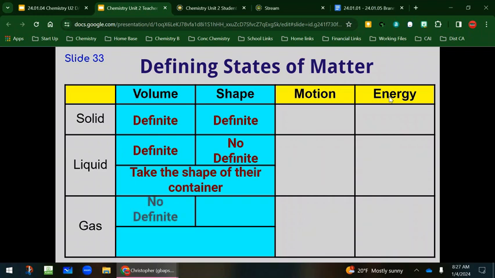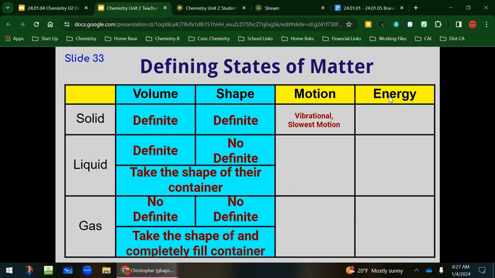Gases have no definite shape and no definite volume. They will take the shape of their container and they will do what? They will fill their container. Gases completely fill their container, and this is a good thing because if we walk into the back of the room, we do not start choking to death because of lack of oxygen. Hope not. Gases take the shape of their container, they completely fill it.